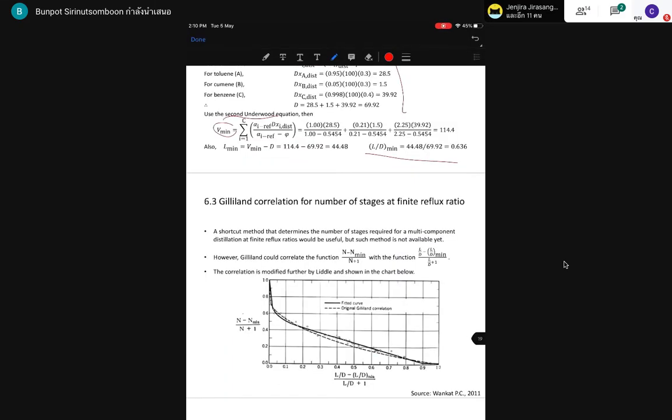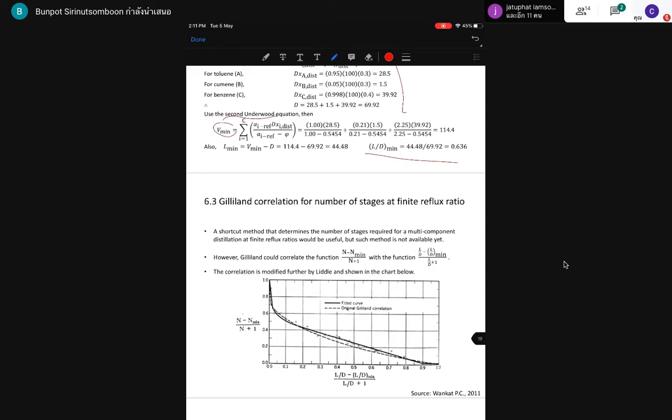Once you finish with the Fenske equation to find the minimum number of stages, and with the Underwood equation to find the minimum reflux ratio, you can use this plot, the Gilliland correlation, to find the actual N and the actual L over D; the problem should specify which.